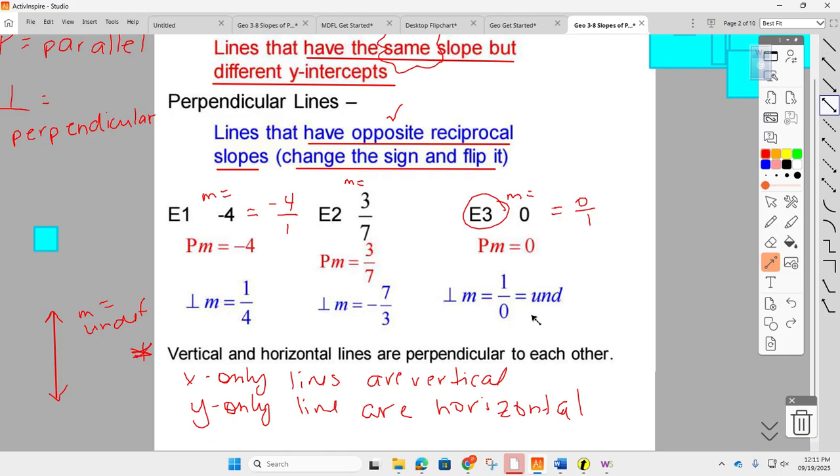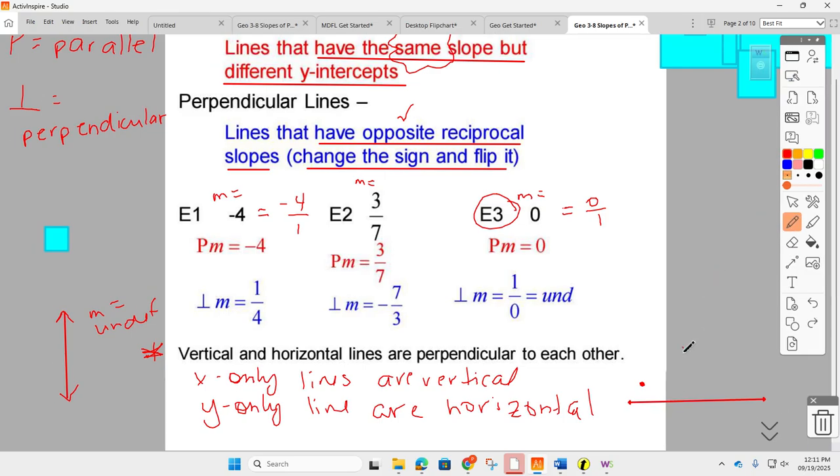So if you can't do opposite reciprocal, you should remember that. Start here, undefined. I'll finish the word. The slope of a vertical line is undefined. The slope of a horizontal line is 0.